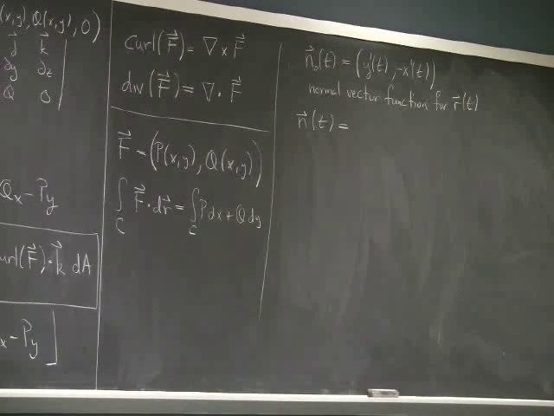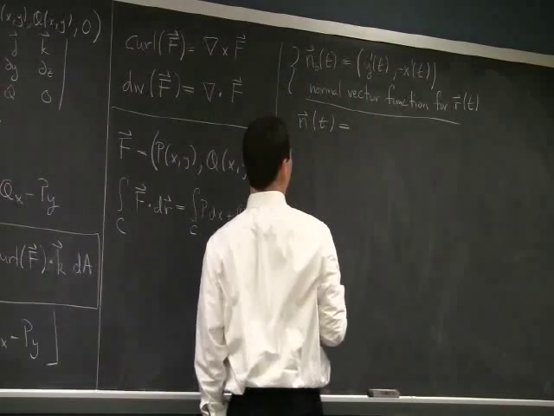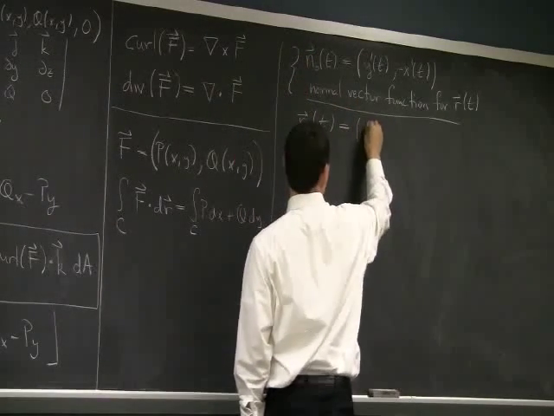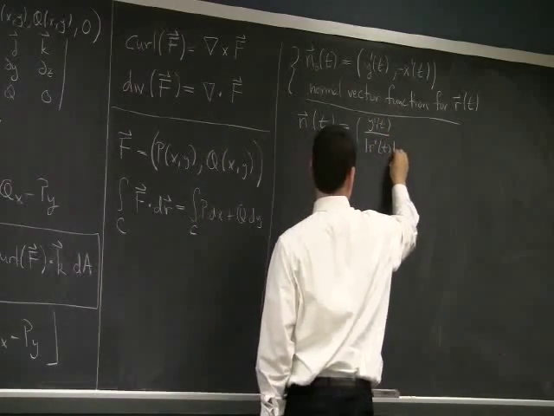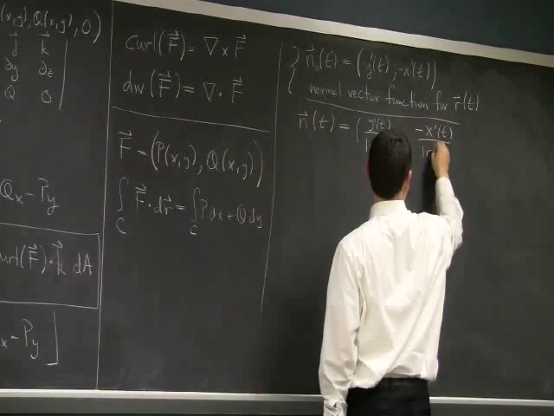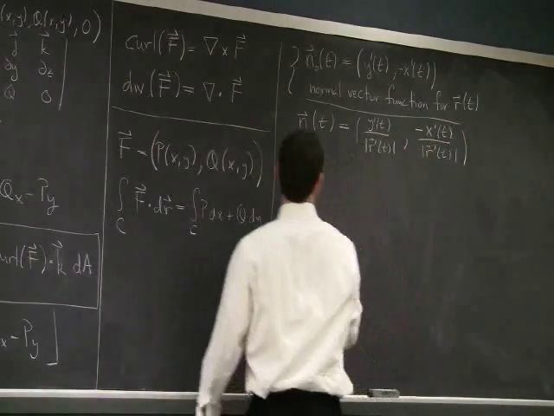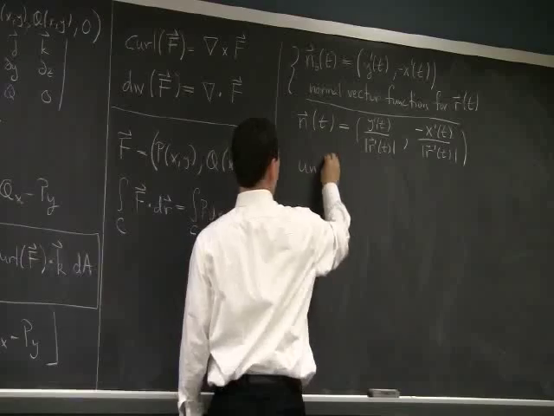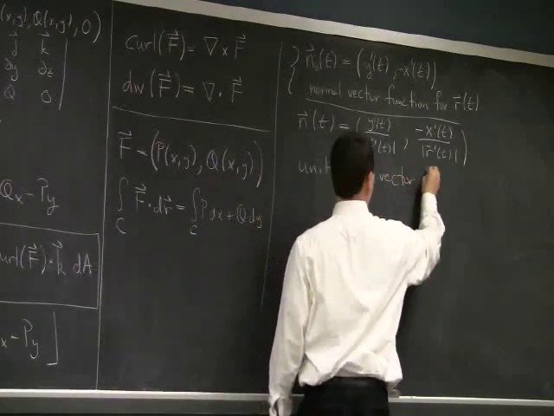Okay. So n of t, you just divide by the norm to make it a unit vector. So this is the unit normal vector function.